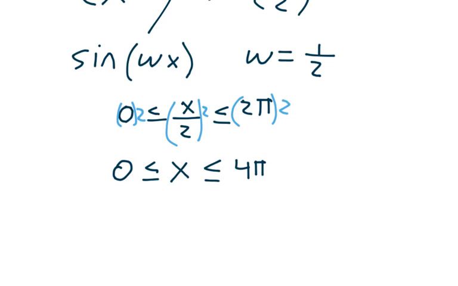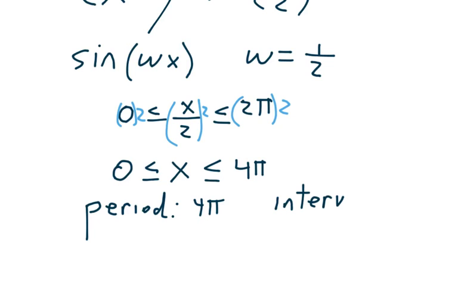So in this case, what we have is the period is 4 times pi, and our interval in this case, where one cycle is completed, that's going to be the interval from 0 to 4 pi. So now we have this.